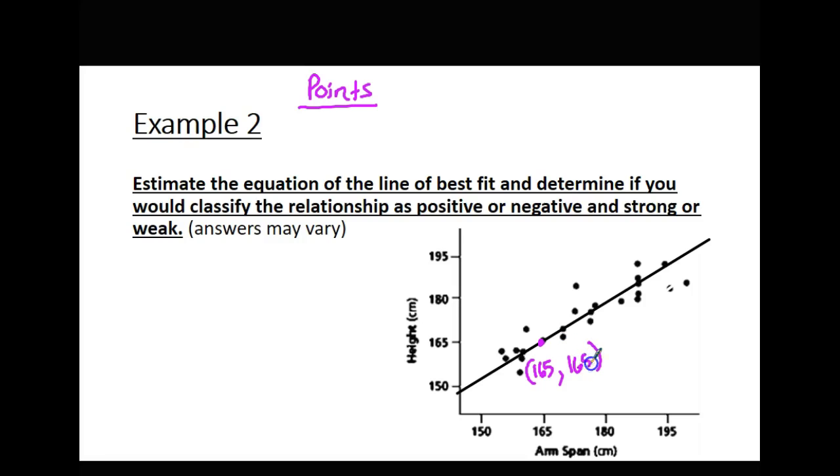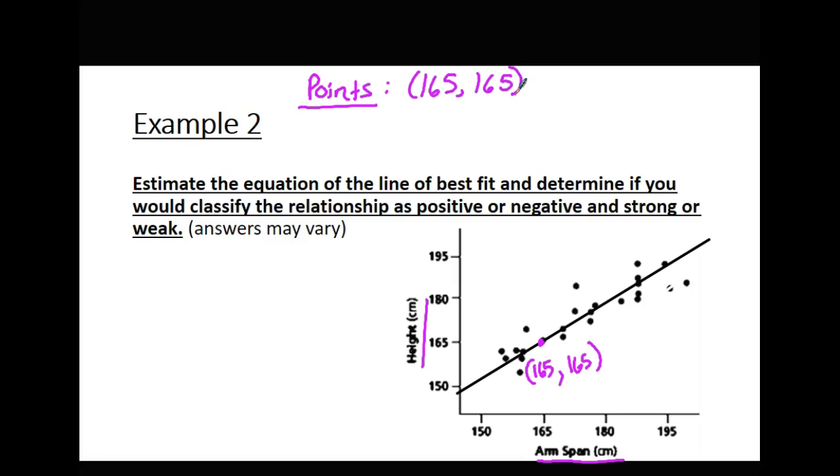Okay, so they're about the same. Are you guys noticing, by the way, I didn't think to mention this, but look at the variables. We're talking about your height and your arm span. And what we're trying to do is figure out an equation that represents a way to connect the span of somebody's arm length to their height. All right, so we have one point here, 165 and 165.